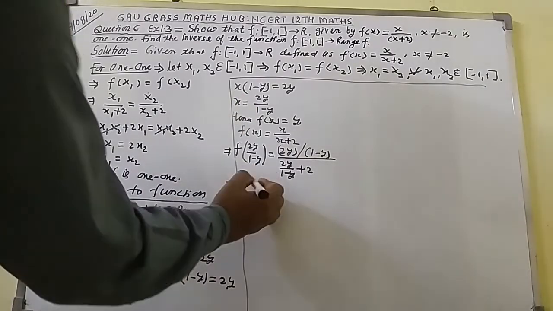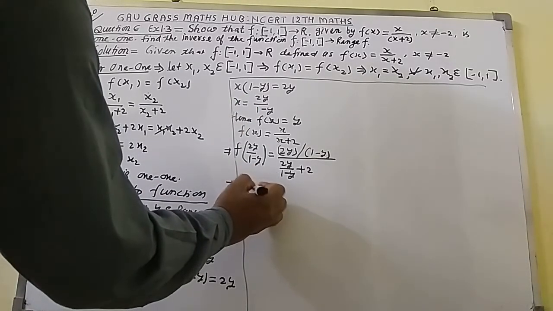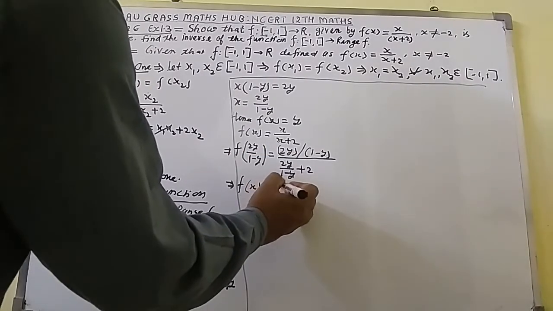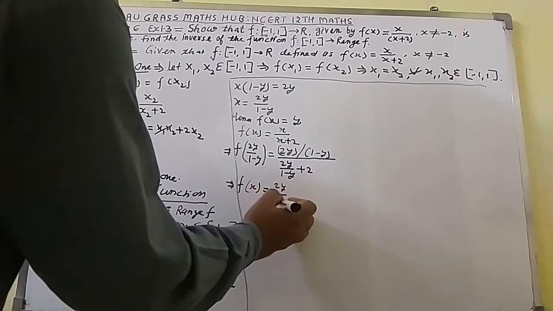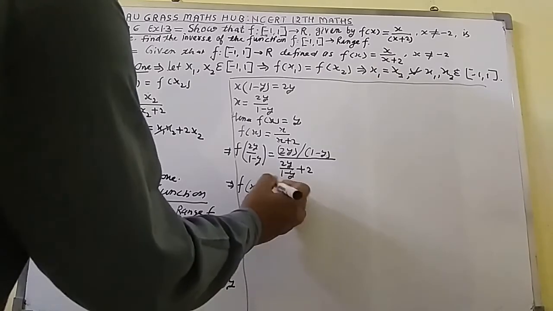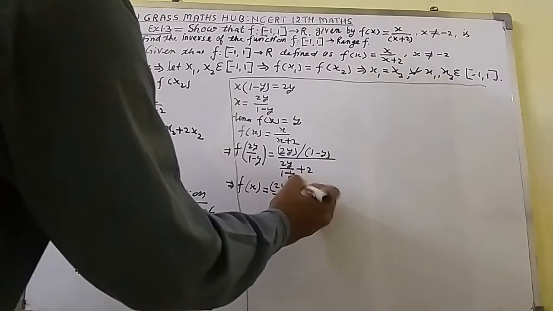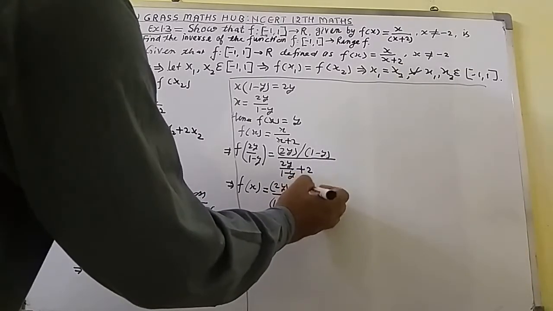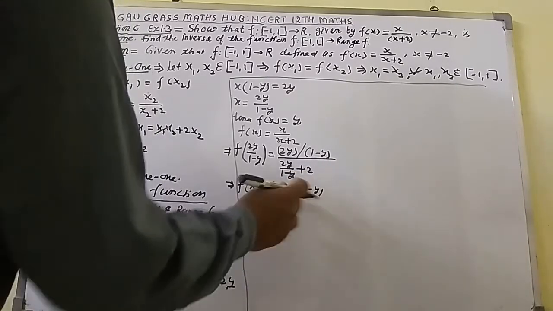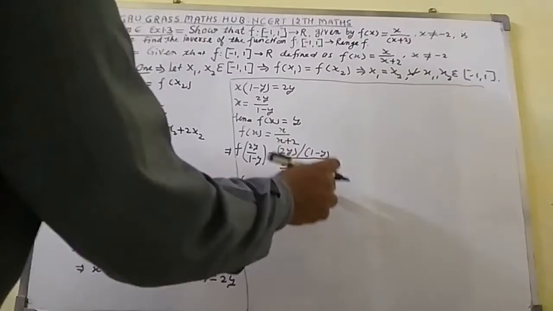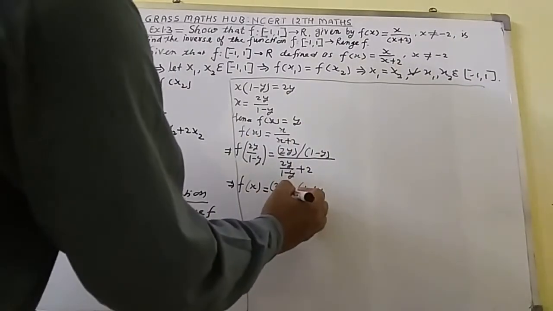So here we can write f(x) equal to, now do the operation here, this will become 2y over 1 minus y. And again in the numerator you get 1 minus y. So 1 minus y will come from this place. This will be reversed to go in the numerator here.